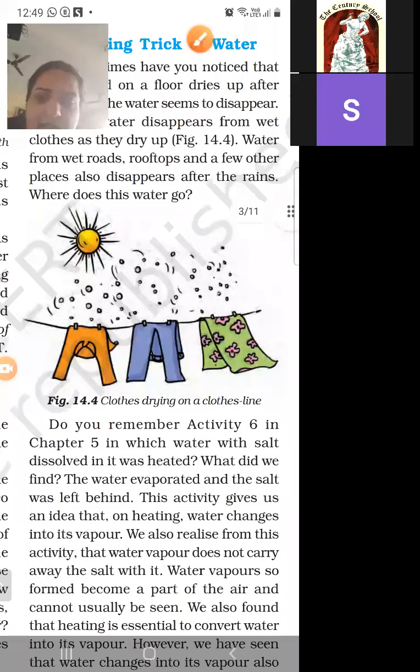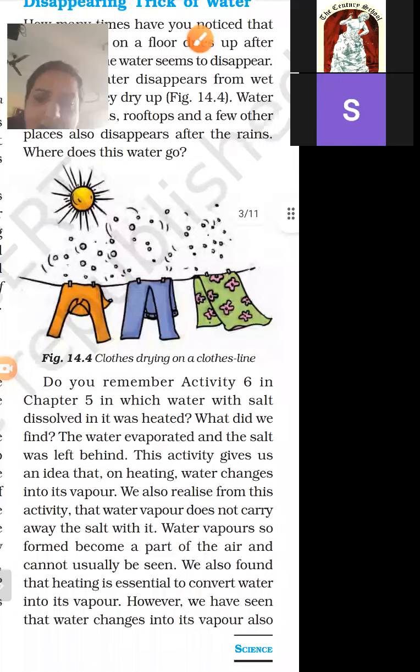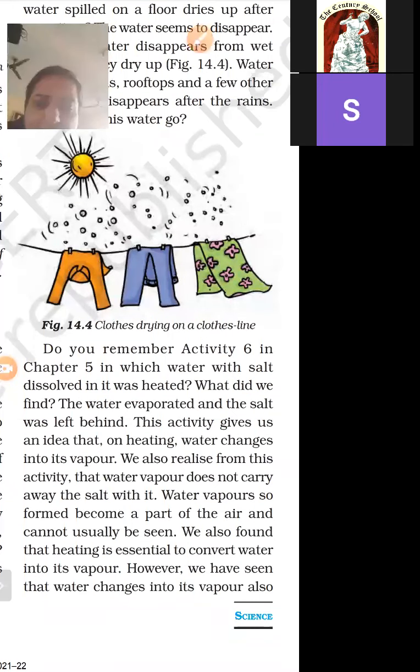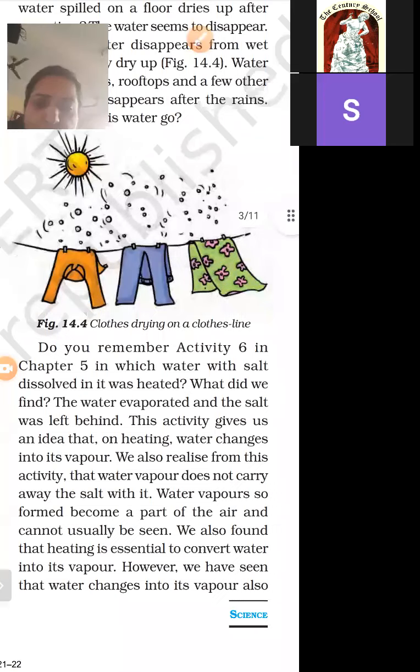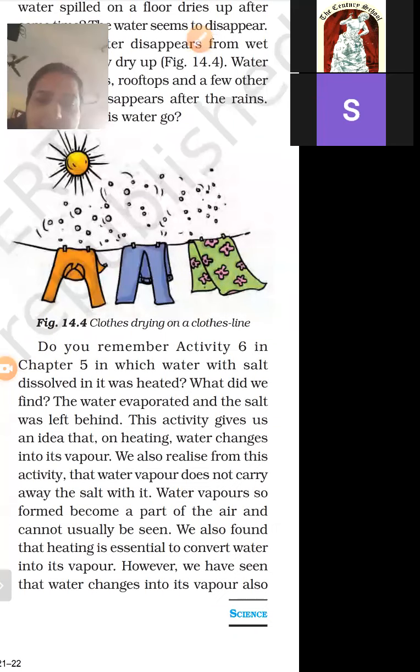So we also realize from this activity that water vapor does not carry away the salt with it. Water vapor so formed becomes a part of the air and cannot usually be seen.